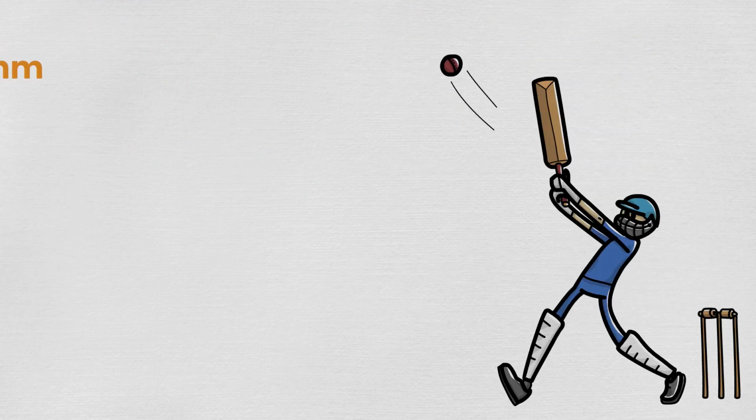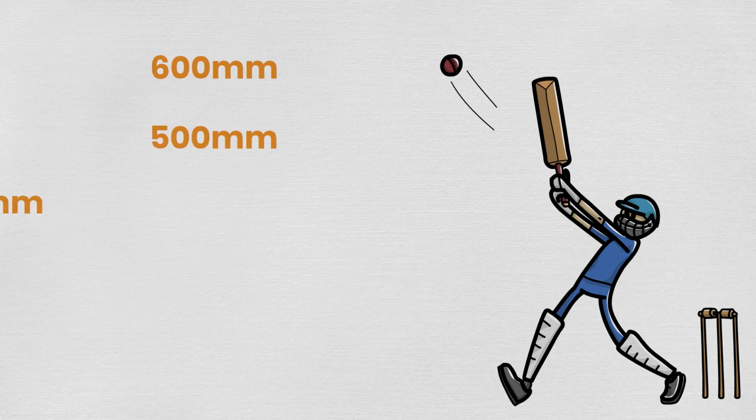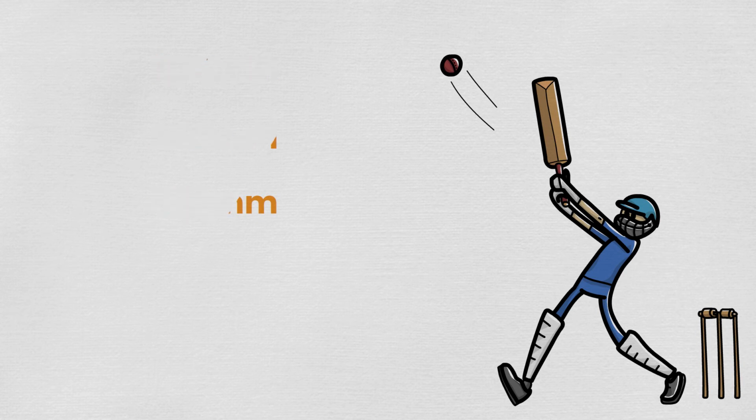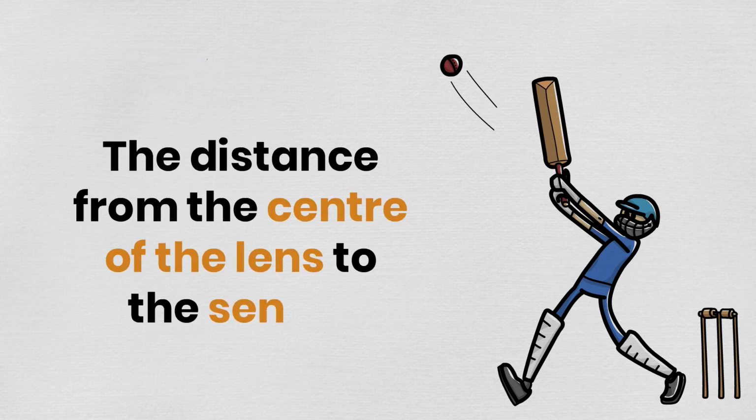If it is a cricket match, it could be a 600 mm lens or a 500 mm lens or a 400 mm lens, where, as I told you, the definition of focal length is the distance from the center of the lens to the sensor. It could be 600 mm. For a 600 mm lens, it would be 600 mm, that is why the barrel is so long. And a 300 mm lens has a shorter barrel, it would be 300 mm from the center of the lens to the sensor.